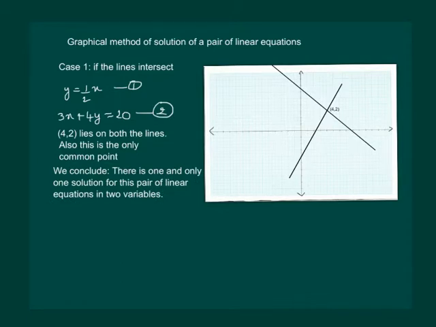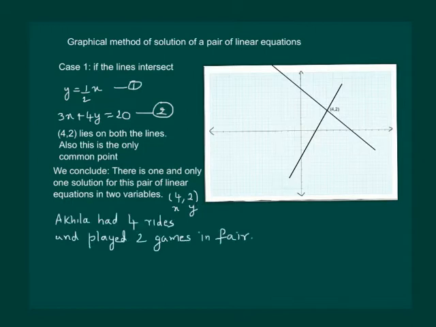So we conclude that there is one and only one solution for this pair of linear equations in two variables, and that is (4, 2), where 4 represents x and 2 represents y, implying that Akhila had 4 rides and played 2 games in the fair.